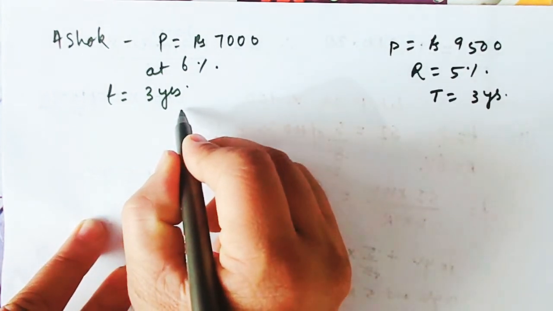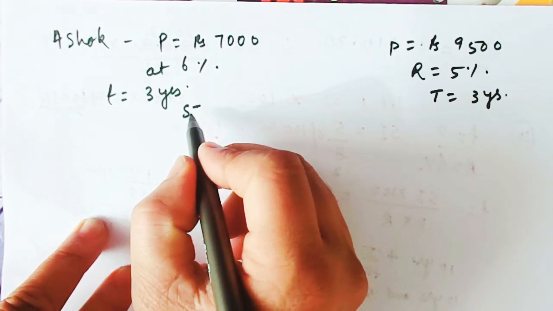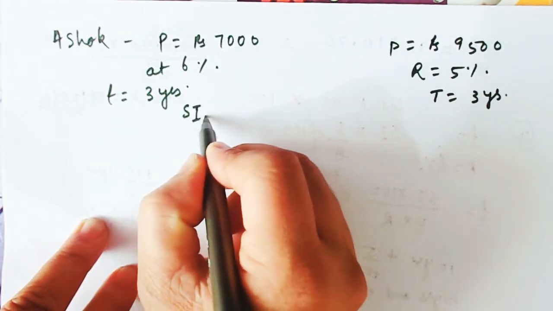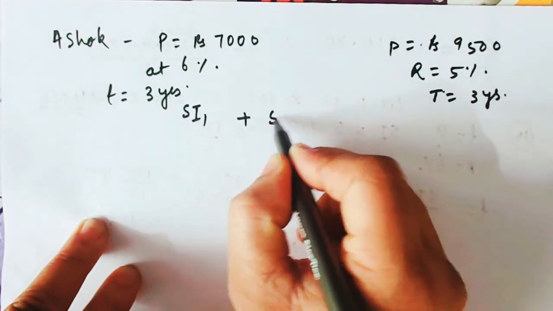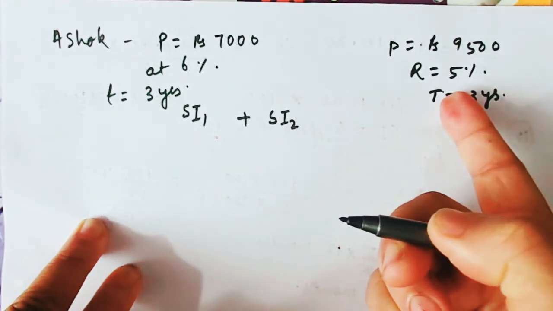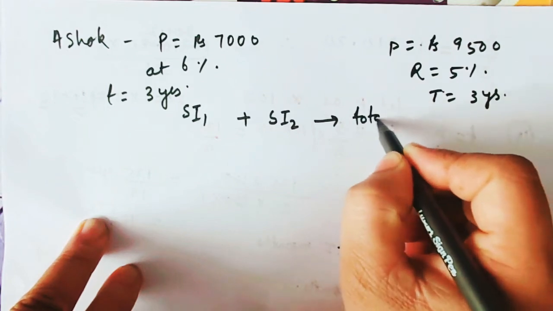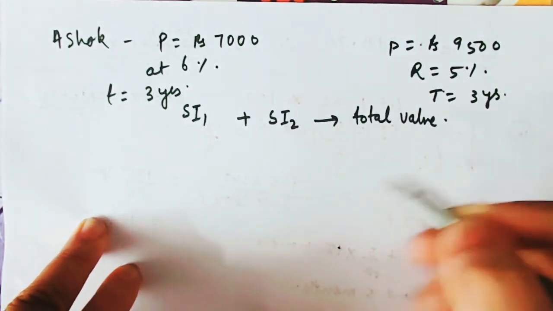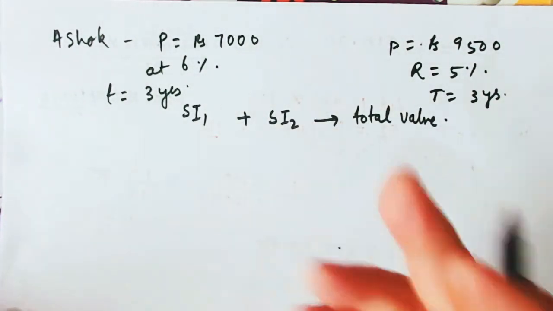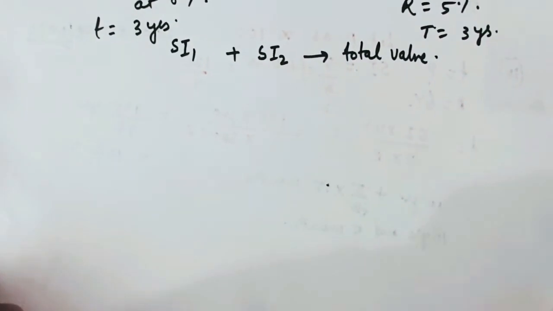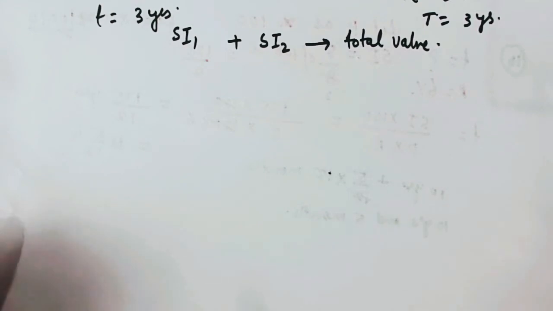Means the simple interest of this money and the simple interest of this money. Add them and find the total value. I hope you can do it yourself. To find simple interest, PRT by 100, when everything is given, where lies the problem? Okay, come on, moving on to the next one.